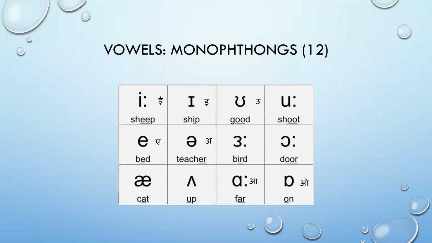We need to remember that these monophthongs, which have only a single phonemic sound or a single syllable sound, are also called pure vowels. The other word for monophthongs is pure vowels. So these 12 we are going to divide into two groups and learn today.